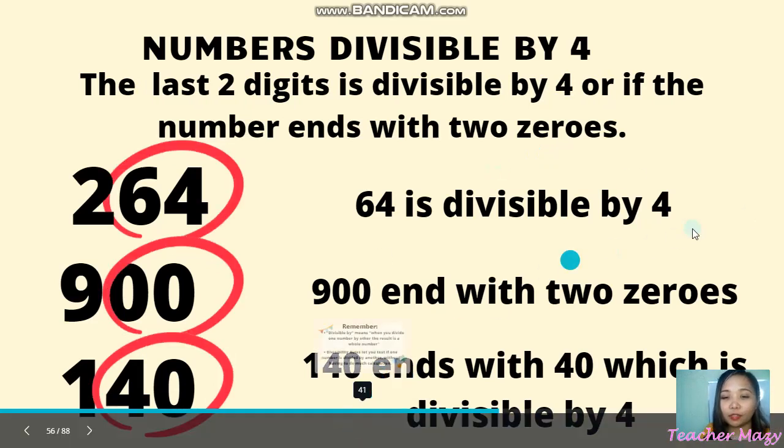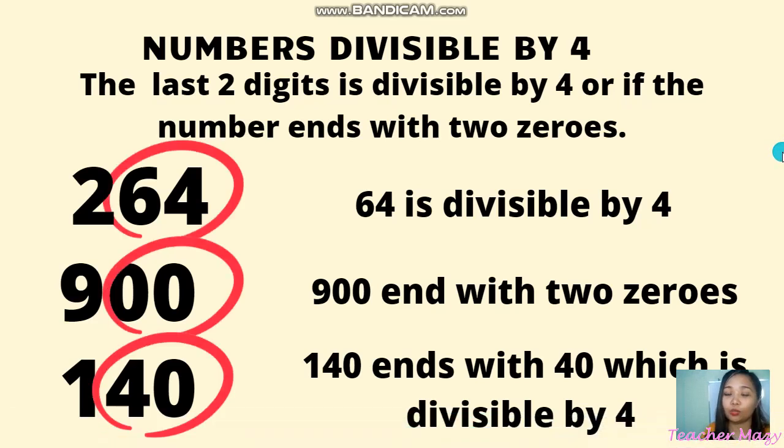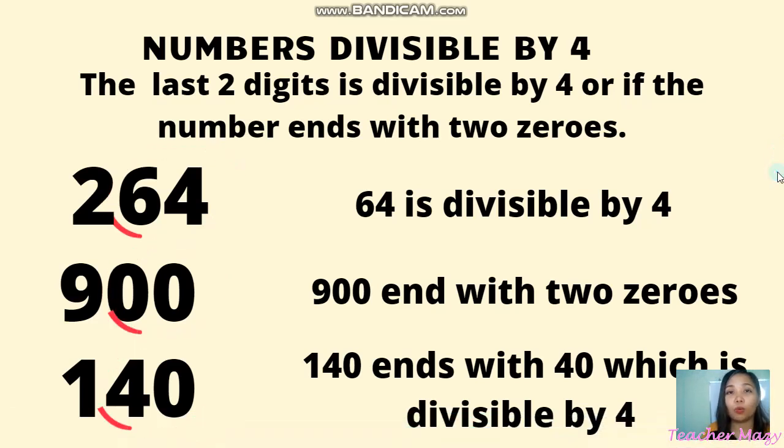So, 140 ends with 40, which is also divisible by 4. So, all you have to do is observe its last two digits, and if the last two digits are 2 zeros or divisible by 4, then the number is divisible by 4.